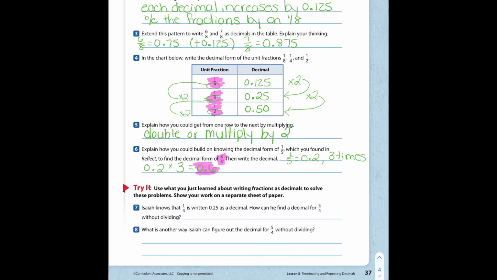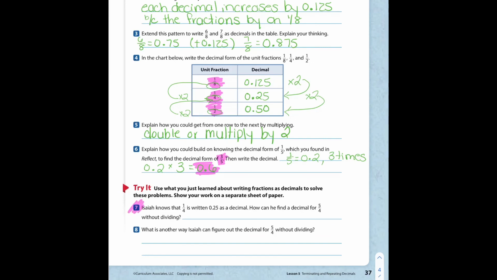So instead of going from 1/5, 2/5, 3/5 and adding 0.2, I jumped to 3/5 by multiplying by 3, because that's how many jumps I was going to make.